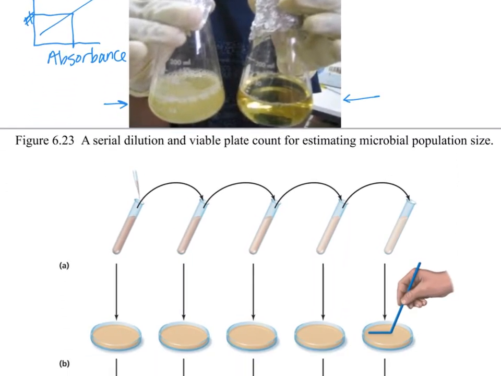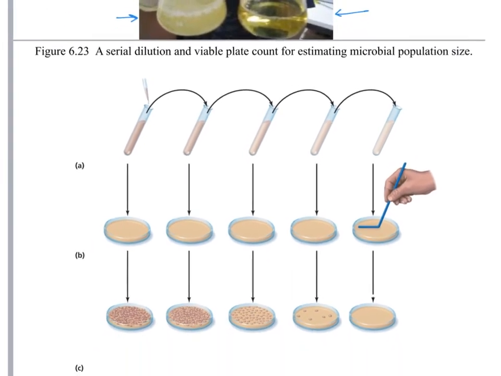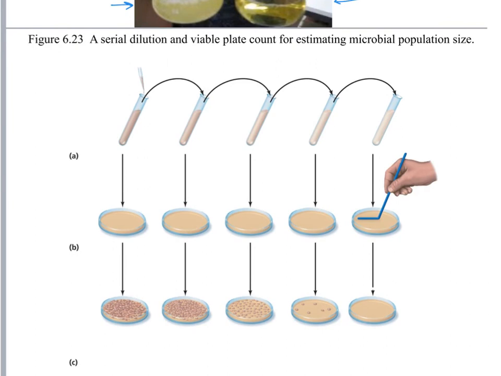All right, so to think about comparing those methods, this is our viable plate count method. I got this figure from your textbook. It's in chapter 6, where you talk about all the different counting methods and cell growth in lecture.